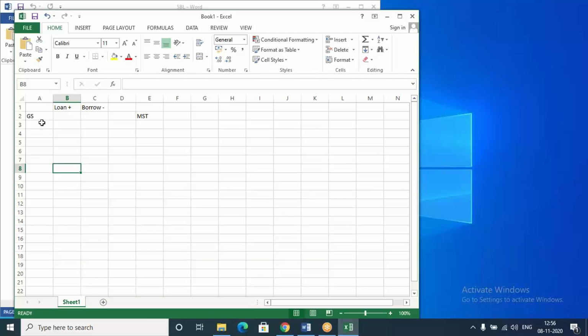Okay. So let's say the first deal that GS made, he loaned out securities for which he is going to receive, let's say, $2 million. And then he borrowed some securities for which he has to pay, let's say, $1.5 million.